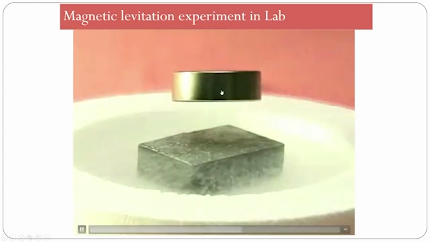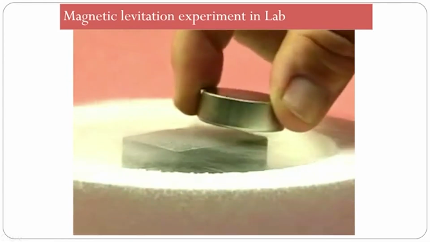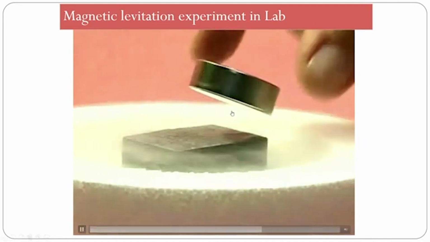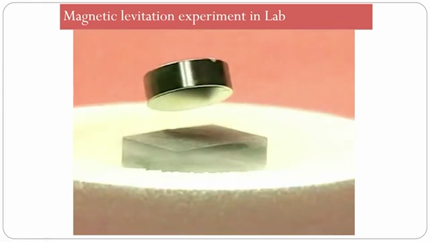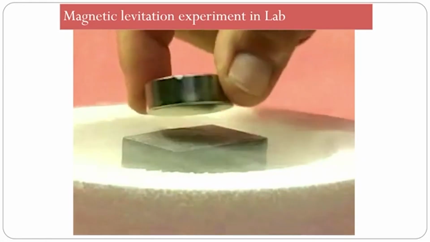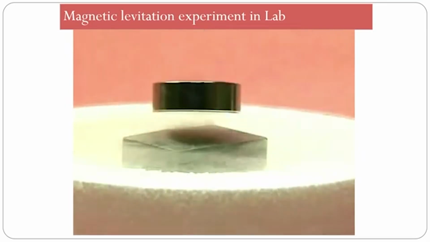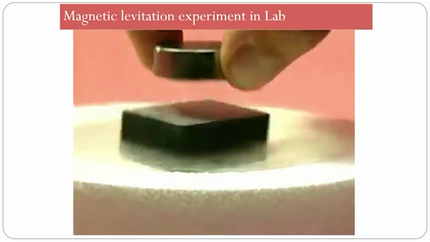And even if you give it a spin, nothing happens. If you try to put it close to that, it gets repelled, and you can actually use it to lift this superconductor, and that means that it is actually capable of lifting some weight.